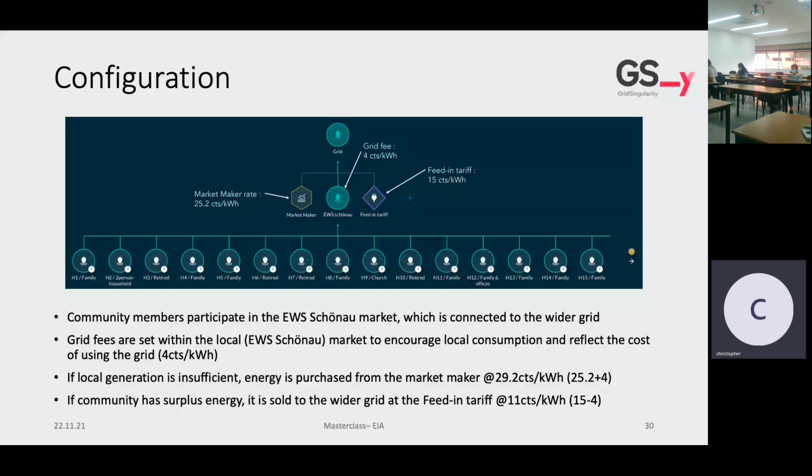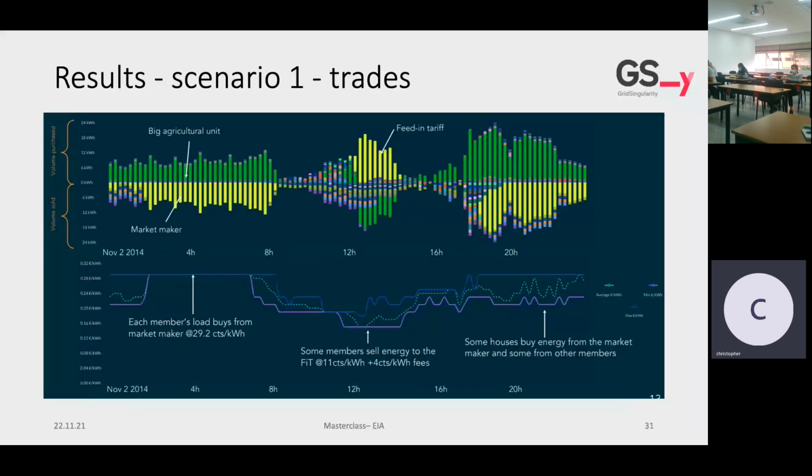Some results that I want to show. So the trades profile, the same graph that I showed before. The positive part of the chart is the volume being purchased on the market inside the community, and the negative part is the volume sold. This is why you have this butterfly-shaped chart. At the start of the day, obviously, there is not a lot of generation within the community, so most of the houses are buying from the utility.